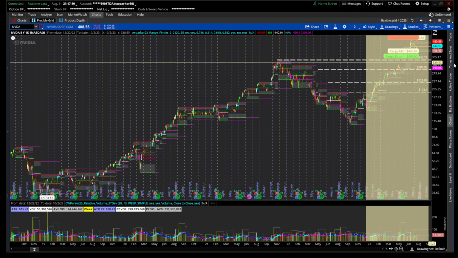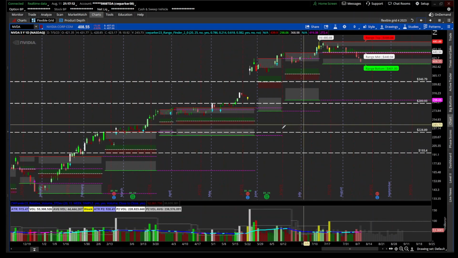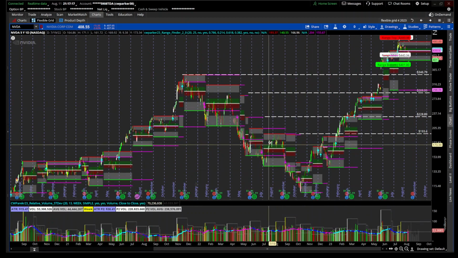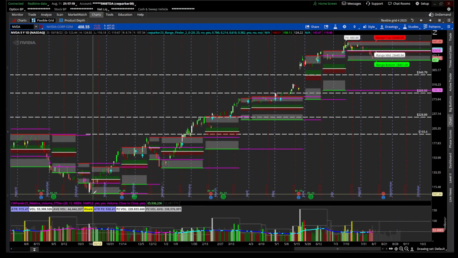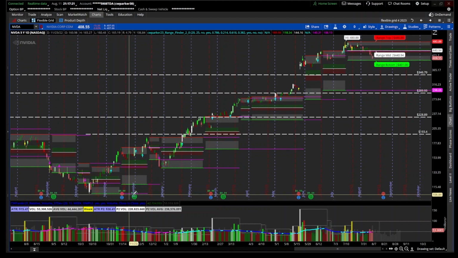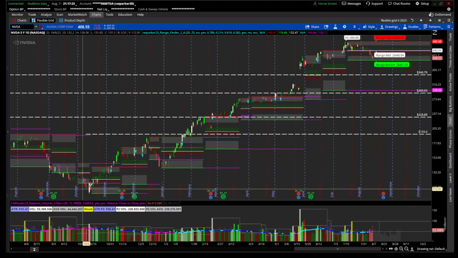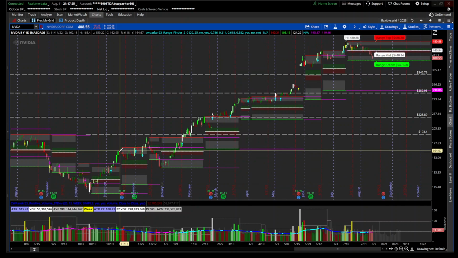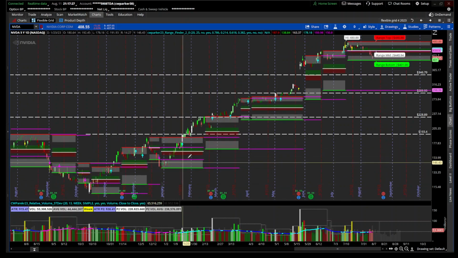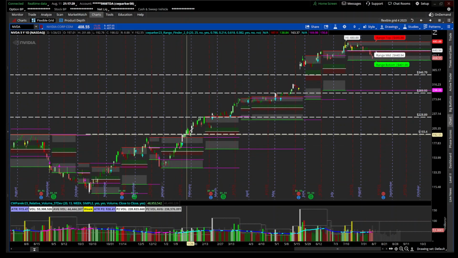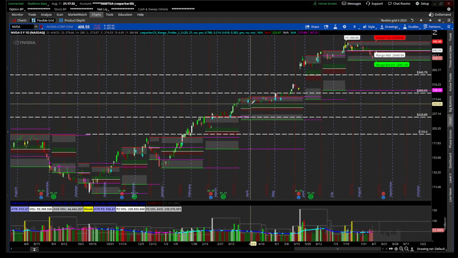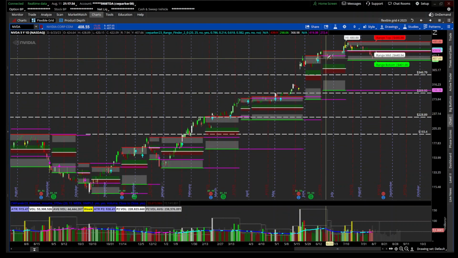And let's go to the daily. Where's that 108? Here's the 108 right here, or 107 possibly. And you can see how the stock just hit these previous ranges, paused, came back down, consolidated, and trending, consolidated, trending, consolidated, trending, consolidated.